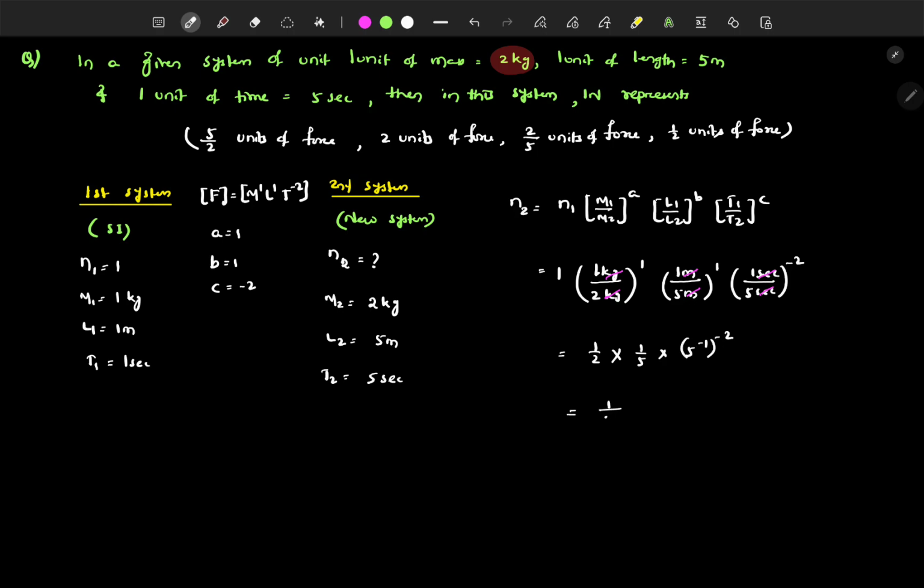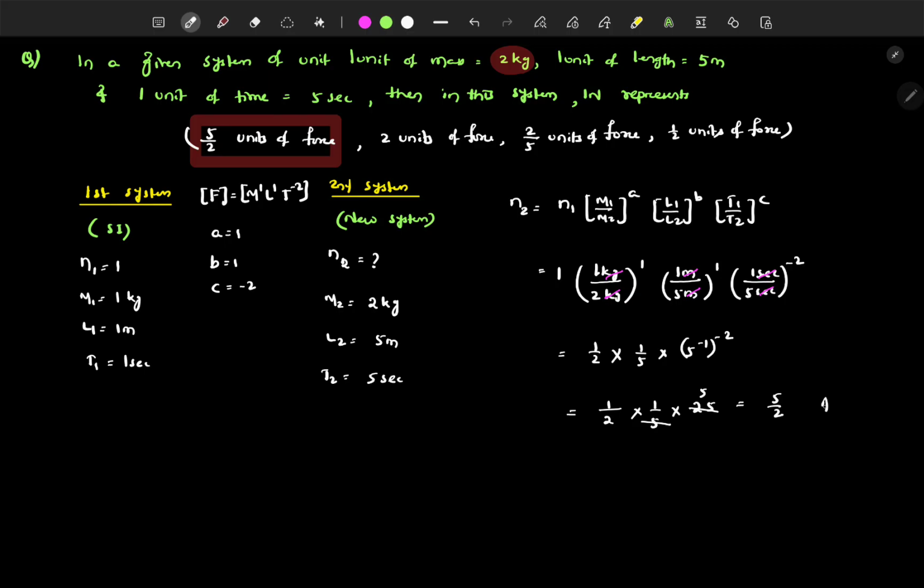So it is 1/2 into 1/5, and 5 to the power minus 1 to the power minus 2 is 5 to the power 2, that is 25. I hope it is clear. So this is your 1/2 into 1/5 into 25. Then after cancellation we will get 5/2. So this option is correct: 5/2 units of force is your correct answer.